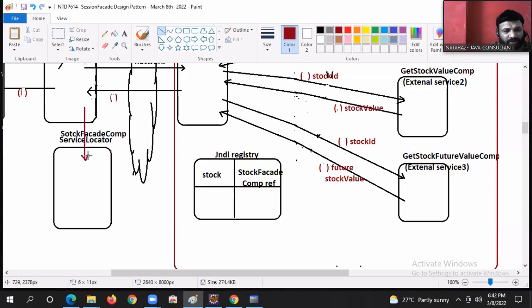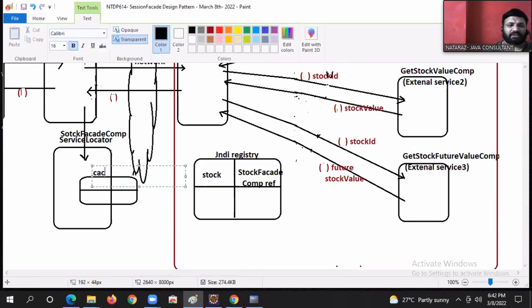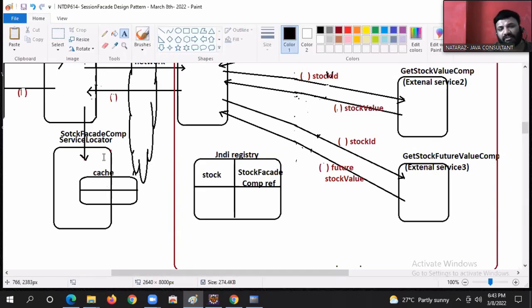Service locator checks with the internal cache. Service locator checks with what? Internal cache. Here it is having a cache.